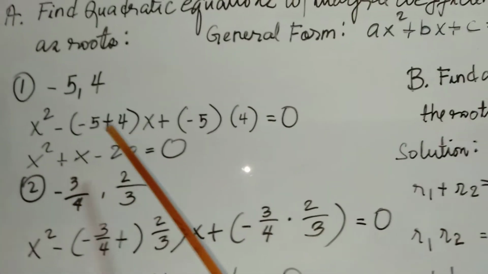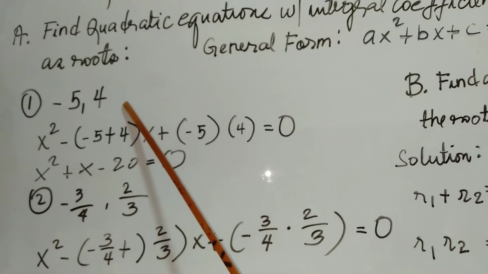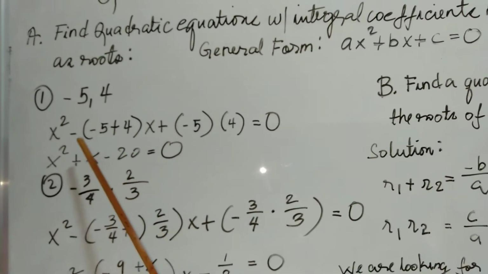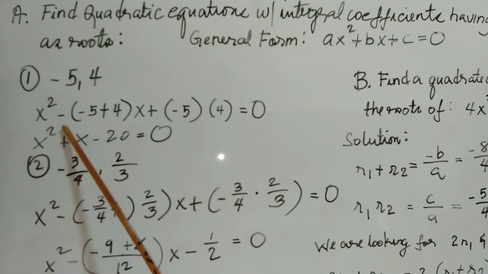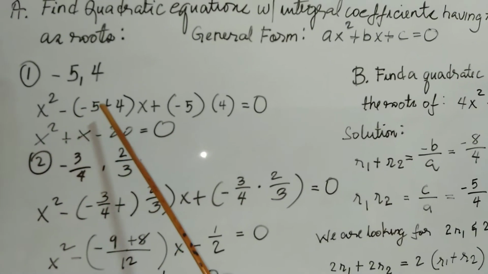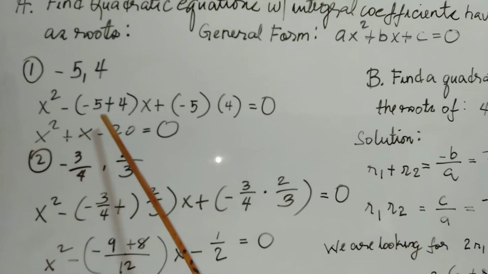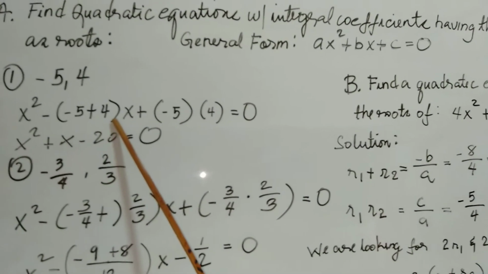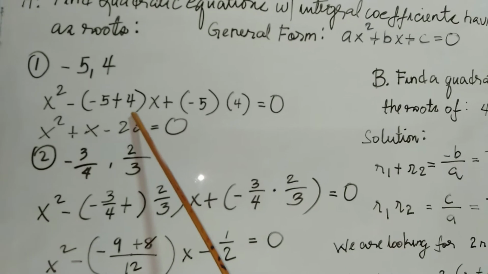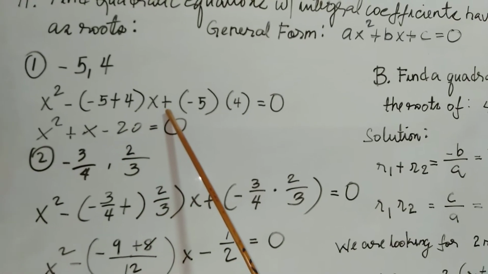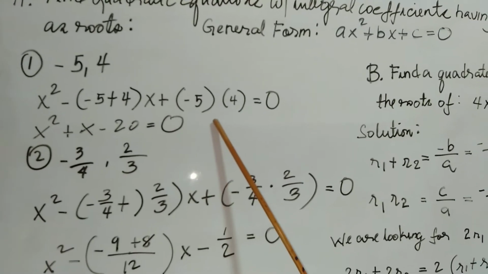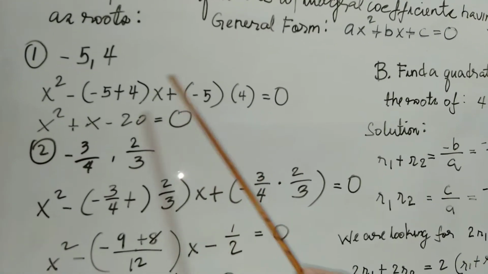The given is -5 and 4. So using that relation, we have x squared minus the quantity -5 plus 4, the sum of these will be the coefficient of the second term, x, plus -5 times 4 is equal to 0. So the constant will be the product of the two roots.